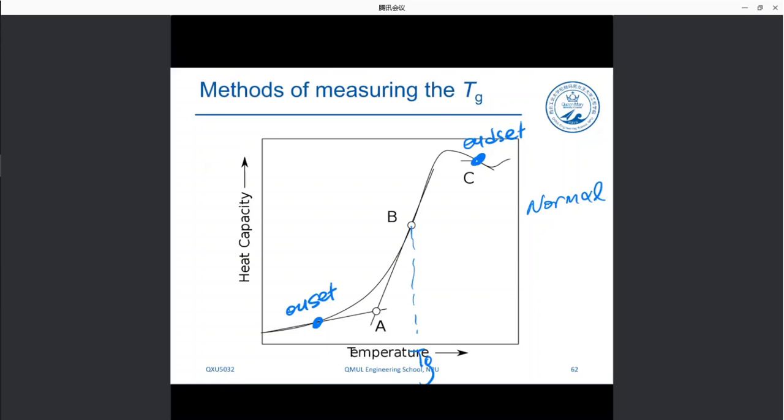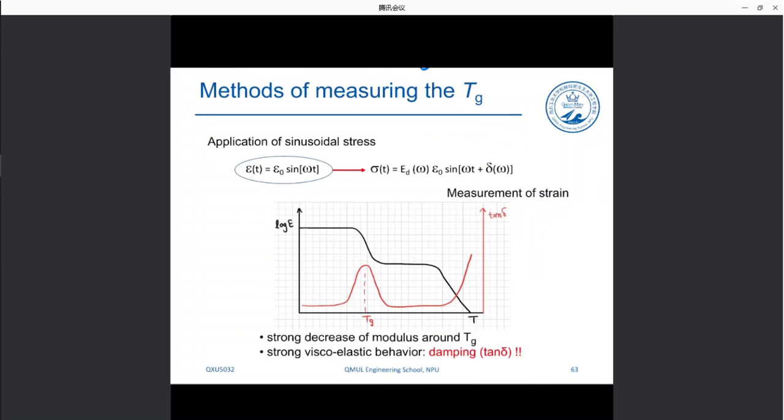Okay. And finally, we said that dynamic mechanical analysis is very dynamic mechanical thermal analysis.